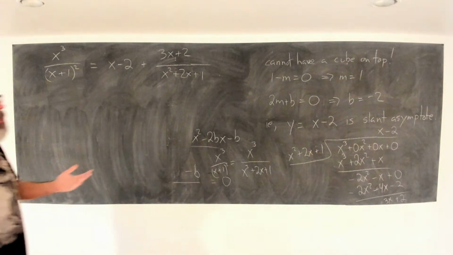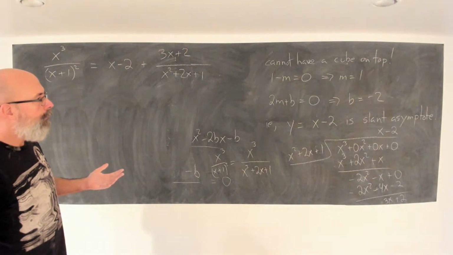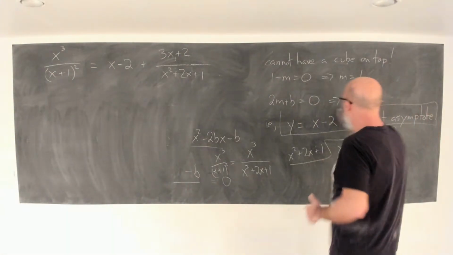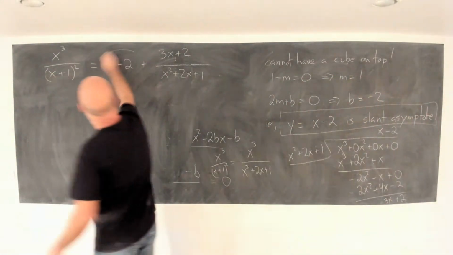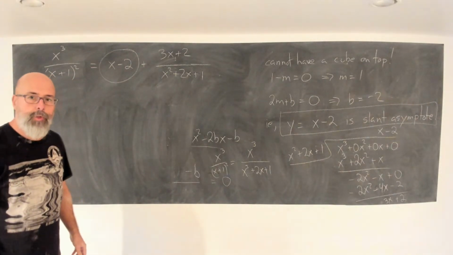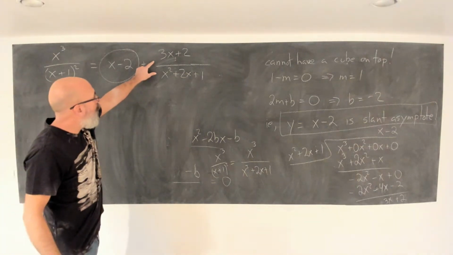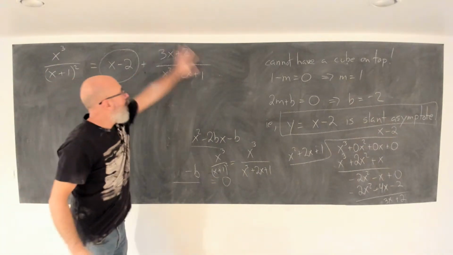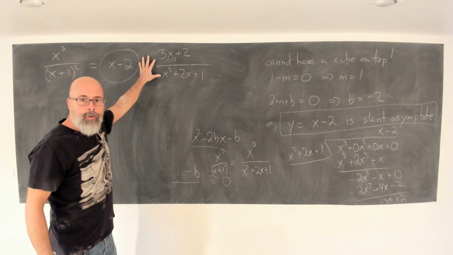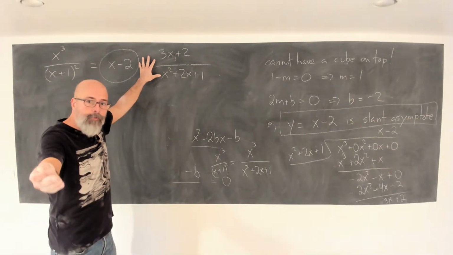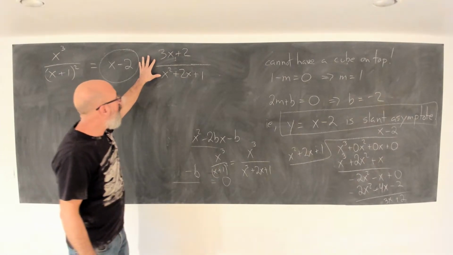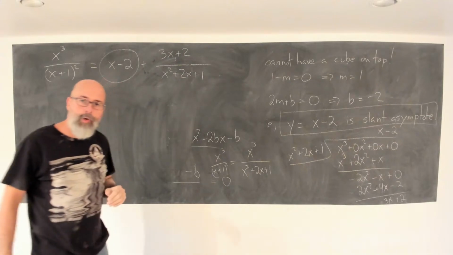And now you see it. This is your slant asymptote. Because as x goes to infinity, this goes to 0 by a quick L'Hopital's rule. And as x goes to negative infinity, so to answer Matthew's question, this also goes to 0 by a quick L'Hopital's rule.